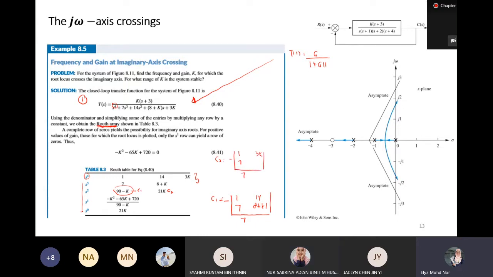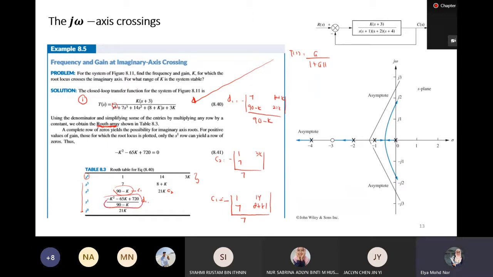Okay, and then we are able to find D1. So what is D1? Sorry, it keeps going higher. Okay, so D1 is minus 7, 90 over K, 8 plus K, 21K over 90 over K. So then you get your D1.